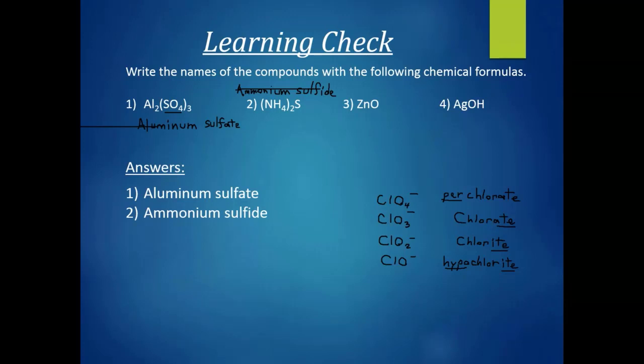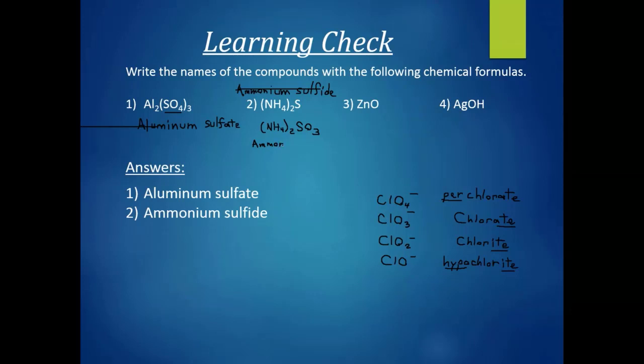Yeah, it's sulfide. Sulfite would actually be SO3. If it was ammonium sulfite, it would be NH4 to SO3, that would be ammonium sulfite.